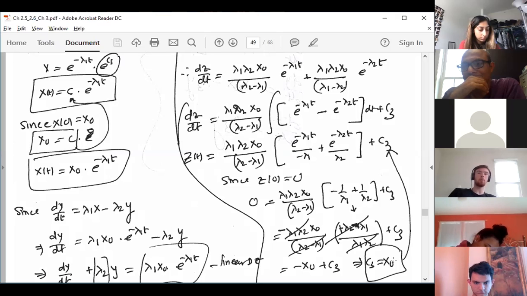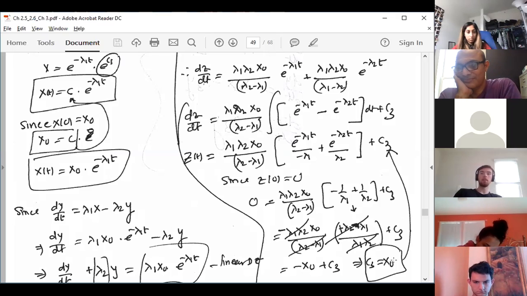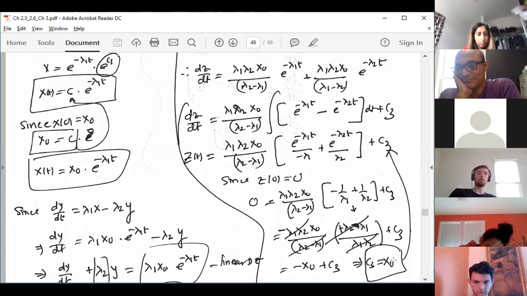Since Z is a stable element, it is simply gaining atoms from the decay of element Y: dz by dt equals lambda 2y. Thus, dx by dt equals negative lambda 1x, dy by dt equals lambda 1x minus lambda 2y, and dz by dt equals lambda 2y. Find a solution of the above system of equations subject to the initial conditions x of 0 equals x naught, y of 0 equals 0, and z of 0 equals 0.